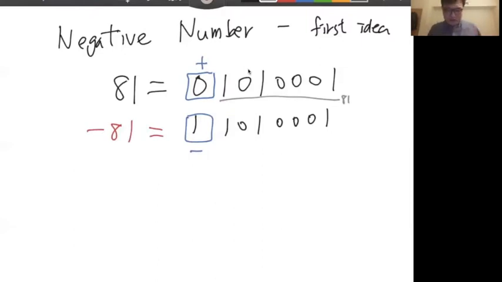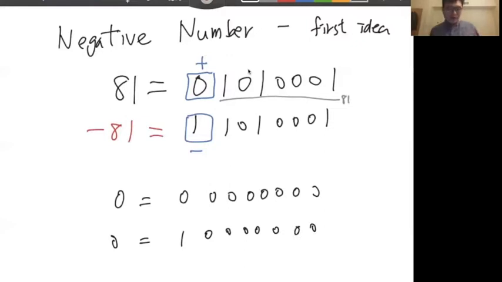There's also another problem: if we want to represent zero, is zero a positive number or a negative number? We don't know. Okay, so how about we use both to represent zero? We can do that, but in this case we lose one number.